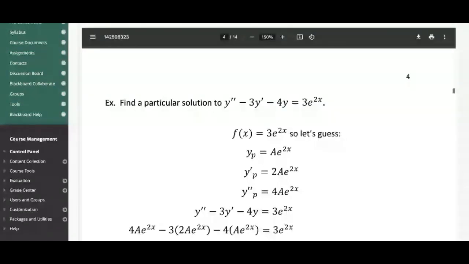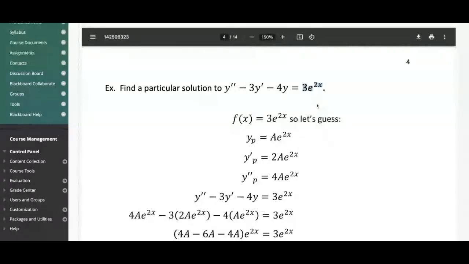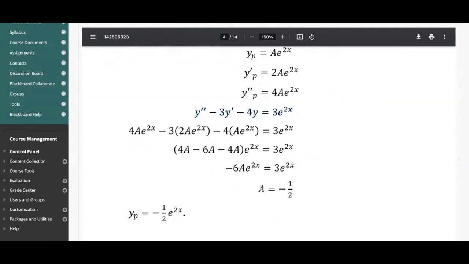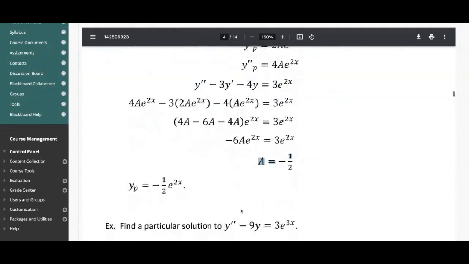Okay, let's see this example. Well, f of x is 3e to the 2x. So we'll do the same thing. We'll guess a particular solution to be a times e to the 2x. So first derivative, second derivative, plug back into the differential equation. Solve for a, a equals negative half.